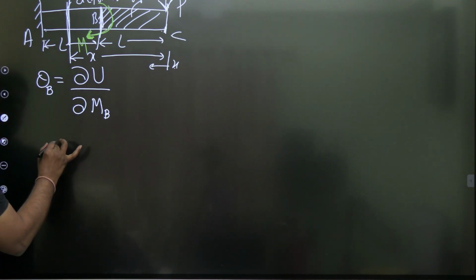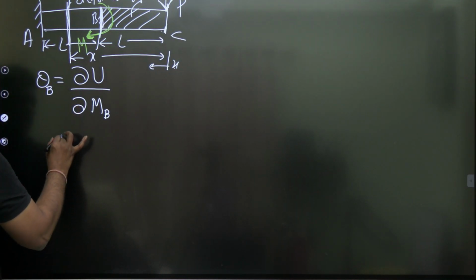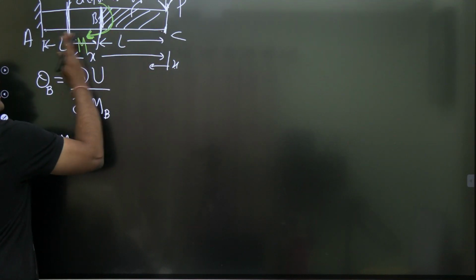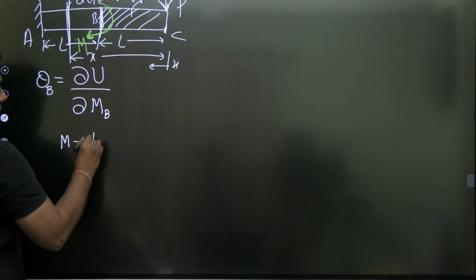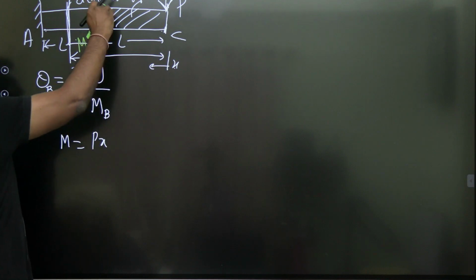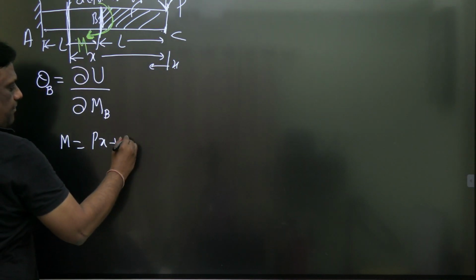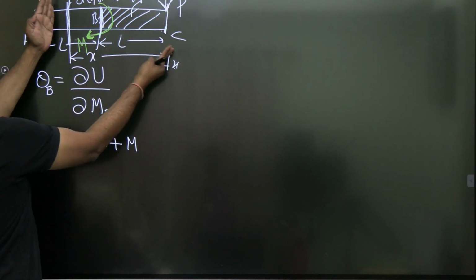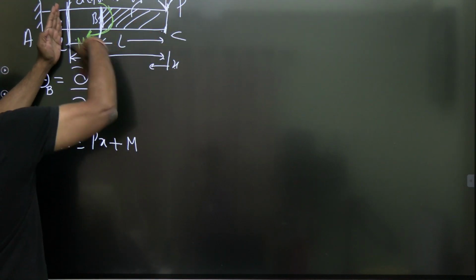The bending moment is given by P into X, since this length is L. It is clockwise, and there is a concentrated moment also, plus M. This is the bending moment at this section: P into X clockwise plus M.